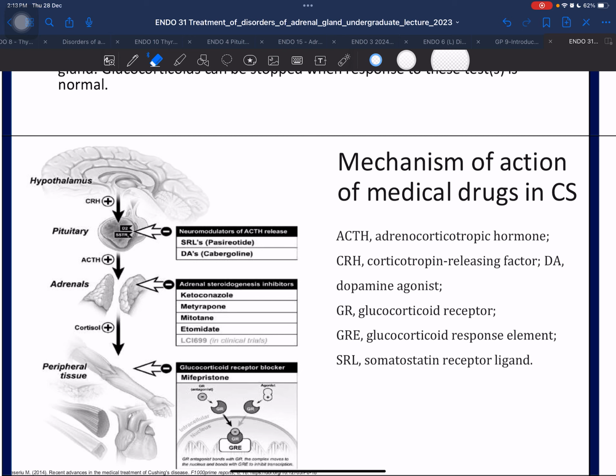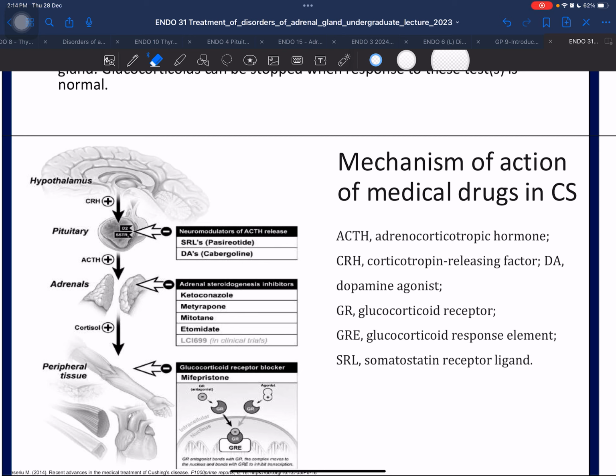And then you have adrenal steroidogenesis inhibitors like ketoconazole, metyrapone, mitotane, etomidate that act on the adrenal glands itself, meaning they inhibit the production, the release of these hormones. And also you have mifepristone, which is a glucocorticoid receptor blocker. What it does is that it binds to the receptors to prevent the effects of cortisol.